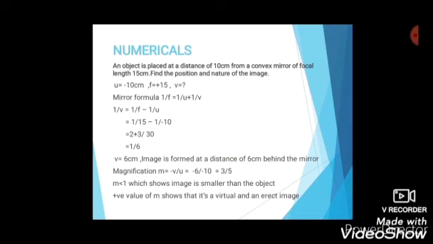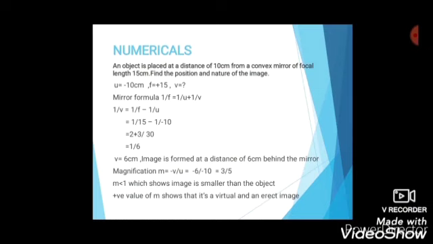So with this I understand that the image formed is at a distance of 6 centimeter towards the right of the mirror. It is a smaller image compared to the object, and the positive sign in the magnification shows that it forms a virtual and erect image. Is that clear, children? Okay.